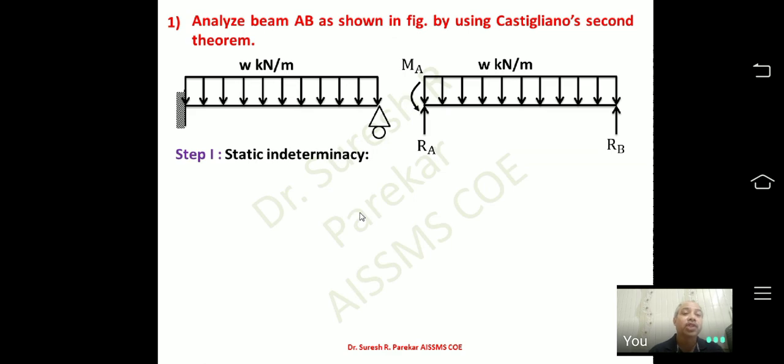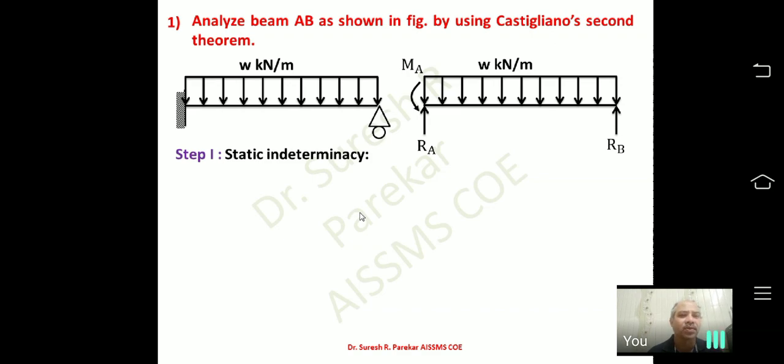So slope deflection and stiffness, these two are with unknown displacements, and we have to find displacements there. If we go to Castigliano's theorem or the flexibility method, the reactions are unknown, so we have to go for static indeterminacy.